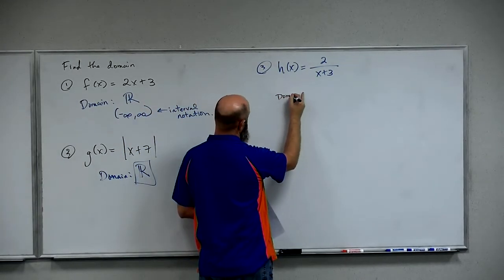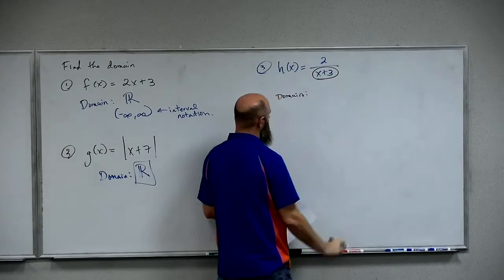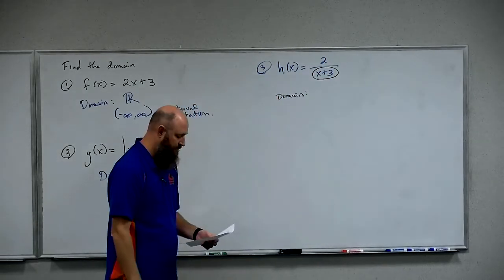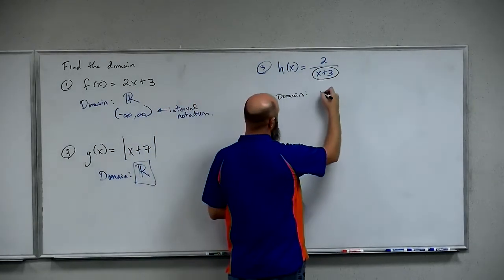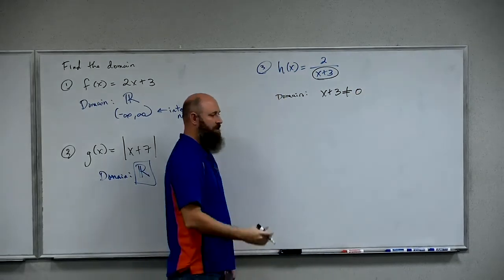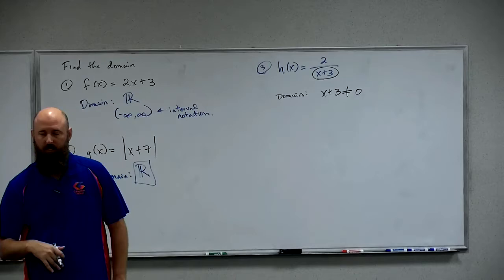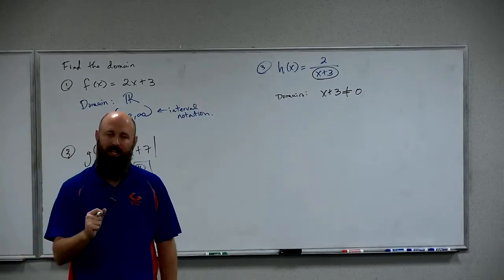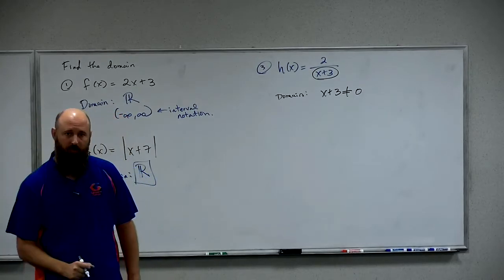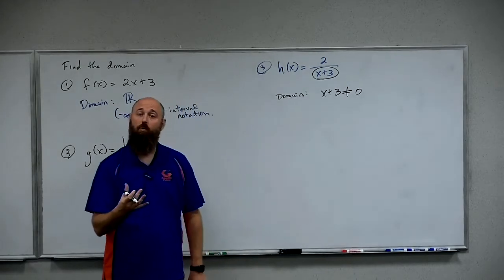For my domain, what we're going to do is say here we have x plus 3, and x plus 3 cannot equal 0. So notice I have an equals with a slash through it. That means cannot equal. It can be any other number but 0. Well, we can solve this just like a regular equals.